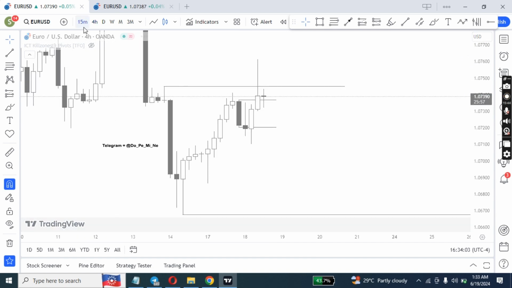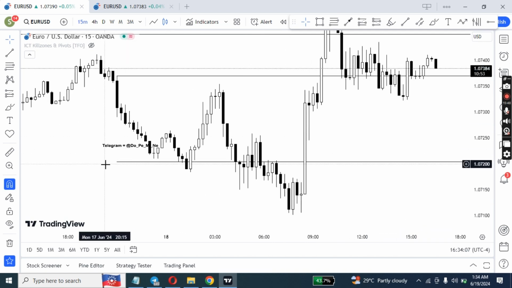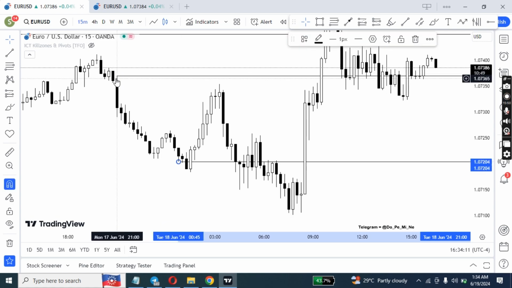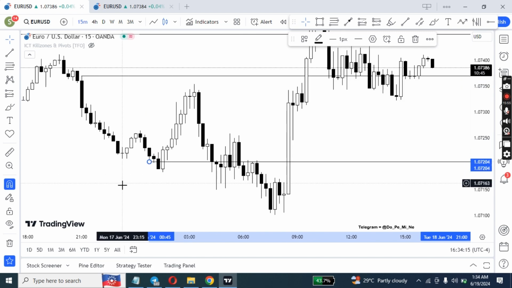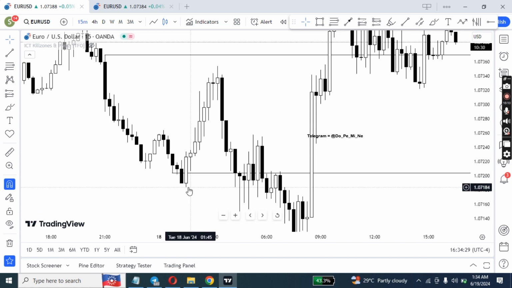Now we're going to go down to the 15-minute time frame and then see what happened here. Now you can see right here that this is that 9 p.m. CRT high right here, and this is the 9 p.m. CRT low. And what happened is that price purged this CRT low on the 1:30 a.m. macro, which is basically a huge macro and a really important time for CRT purges.